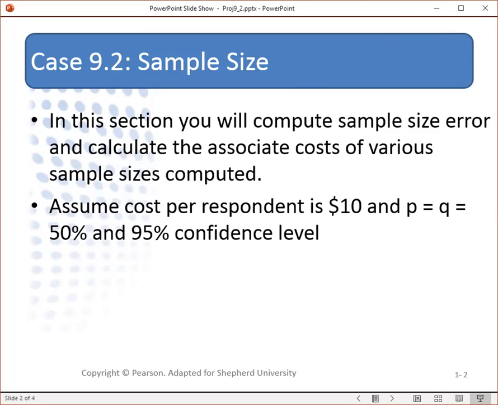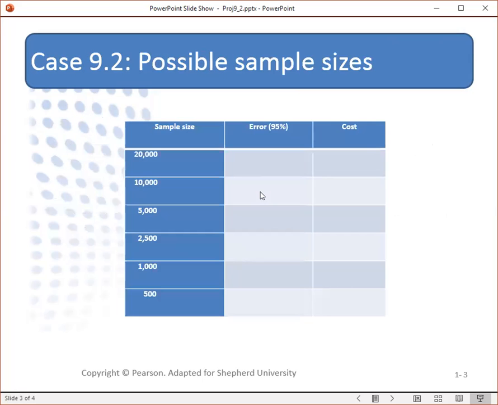And at 95% confidence level, we use the 1.96 for Z. So go ahead, take a couple of minutes, and let's look at how to do this. And let's say in 10 minutes, we'll go over the answers.